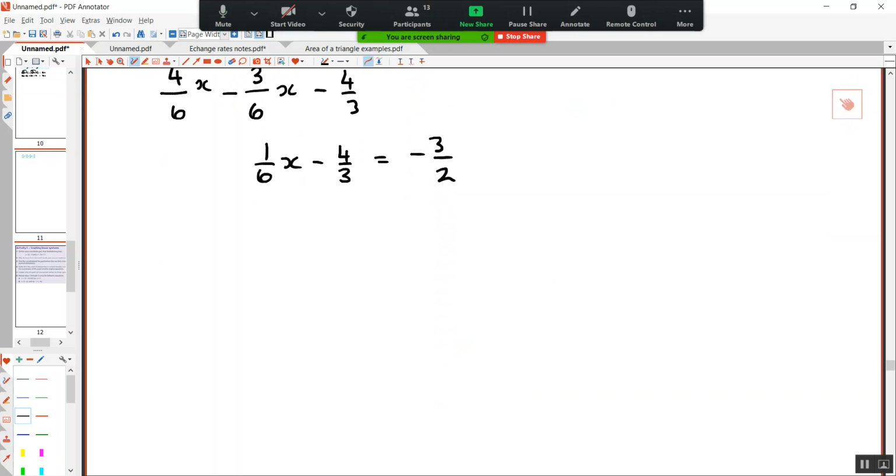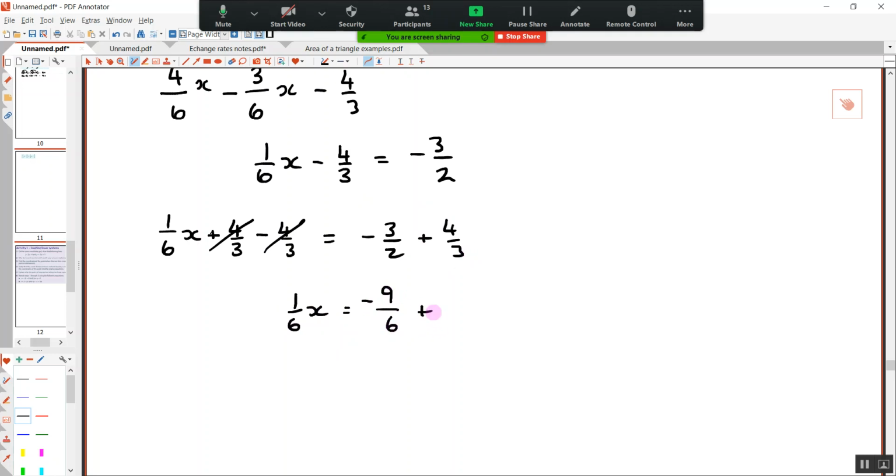Added 4/3. Yeah. Sorry, I've written it in the other order, but yeah. So add 4/3. So that gets rid of that, which is 1/6 of an x. And do we do the same thing here? So that would be negative 9/6 and 8/6.